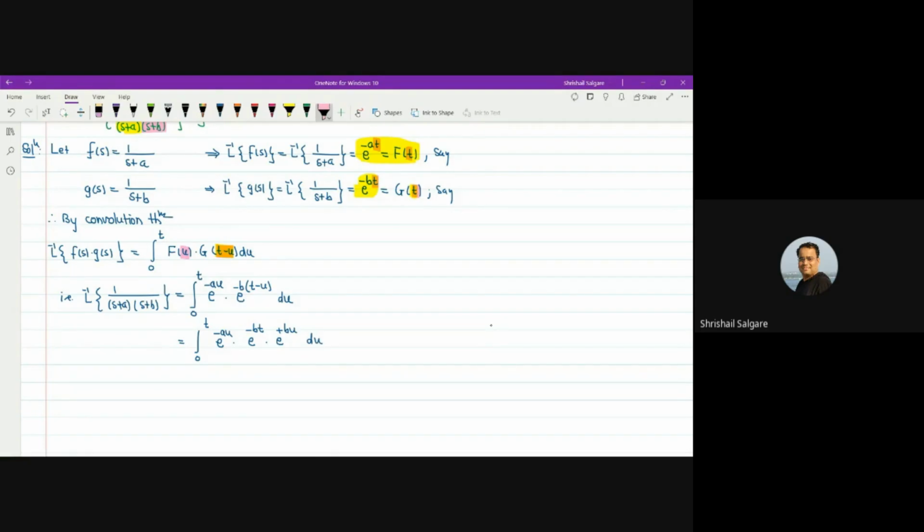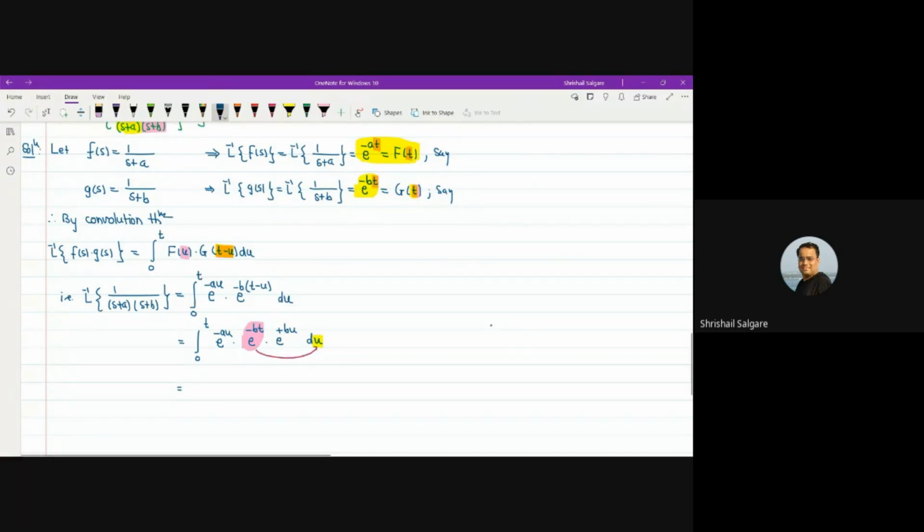Now my question is, can I take this term outside the integral? Because you are integrating with respect to u, with respect to u other variables are constant. Can I take it outside the integral? Yes, sir, because we can consider that as a constant with respect to u.